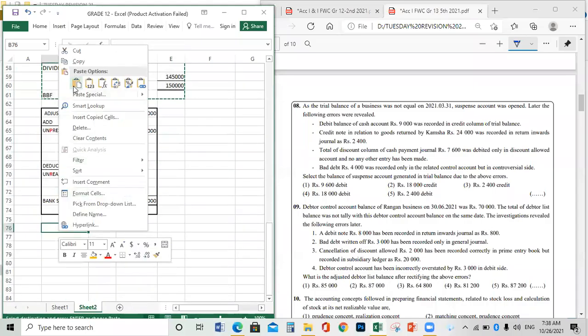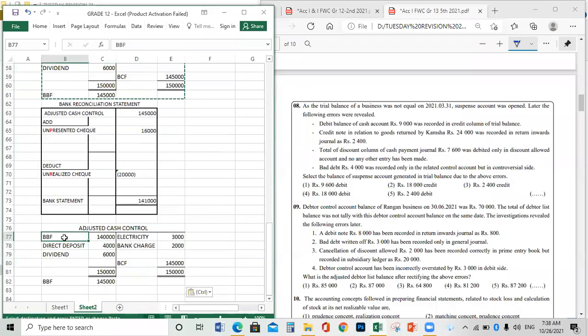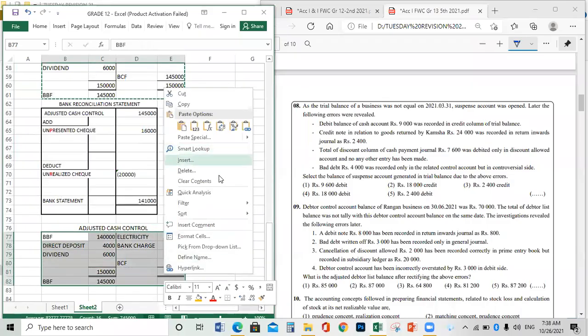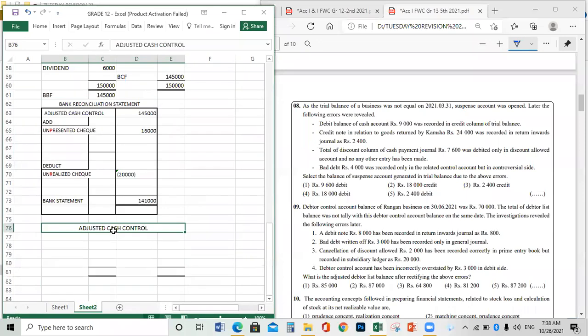Quickly do that. So what is the requirement? They are asking you the trial balance value. It can be on the debit side, it can be on the credit side. We don't know. Unless we correct these errors, we will not know.